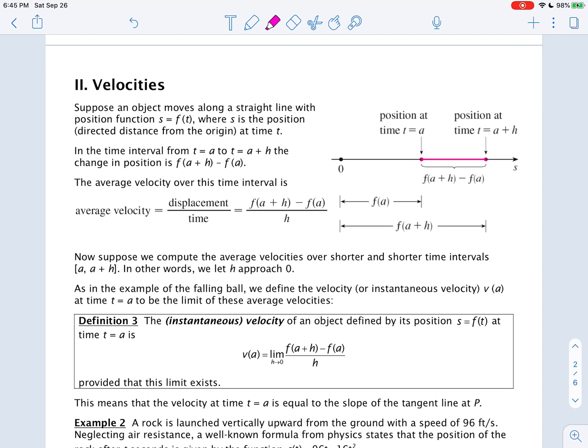So here are some applications. Velocities. We'll be dealing with a lot of motion problems in this course, and this is just your first introduction to those. So suppose an object moves along a straight line with a position function s equals f of t, where s is the position, which is the directed distance from the origin at time t.